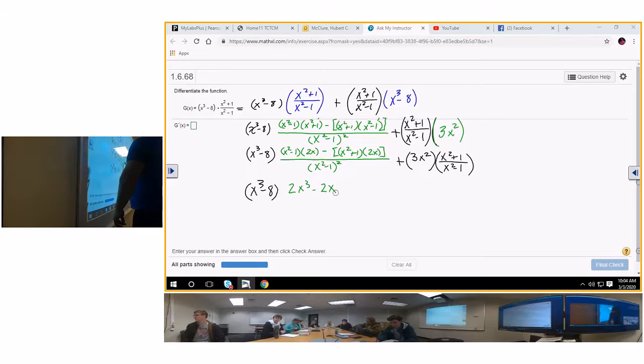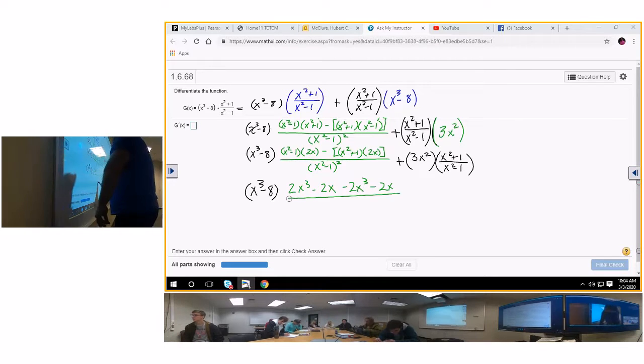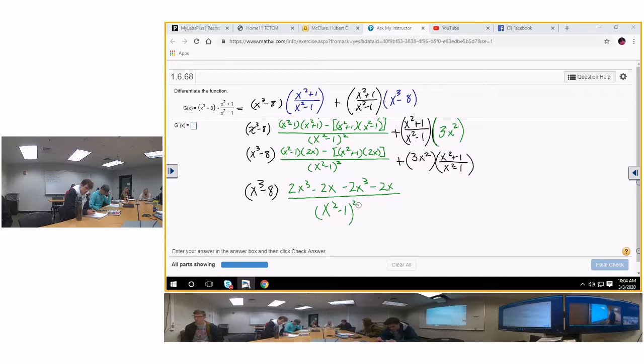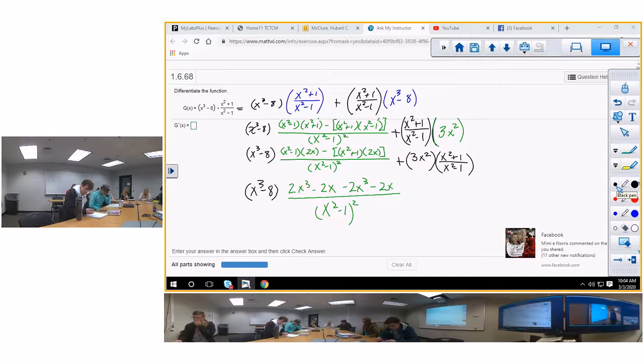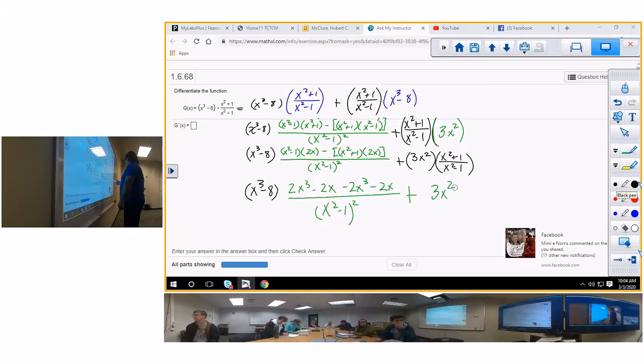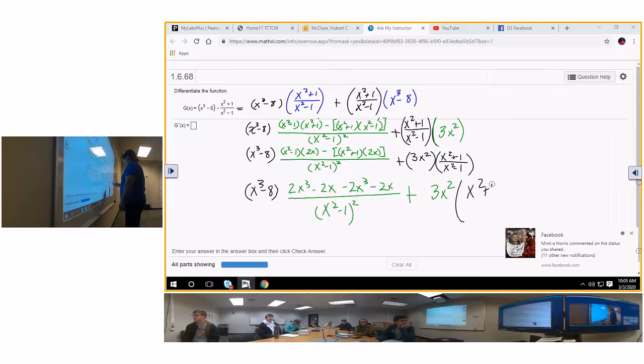So that's going to give me negative 2x to the third and minus 2x over x squared minus 1 squared plus 3x squared times x squared plus 1 over x squared minus 1.